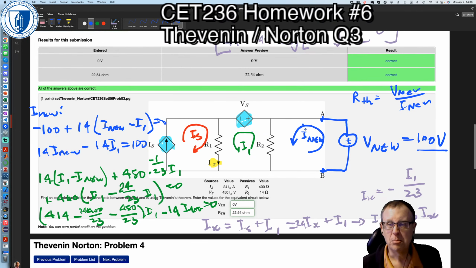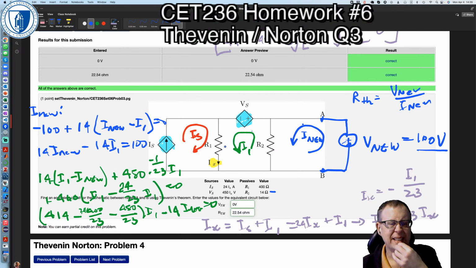Then the blue mesh, I nu, we get minus 100 because we're going into the minus side, plus 14 because R2 is 14, times I nu minus I1, just make the arrowhead on that look a little bit clearer, right? And that's a pretty simple equation.